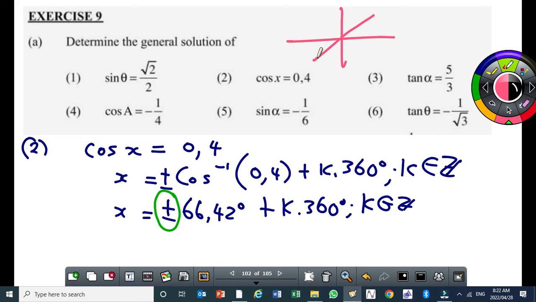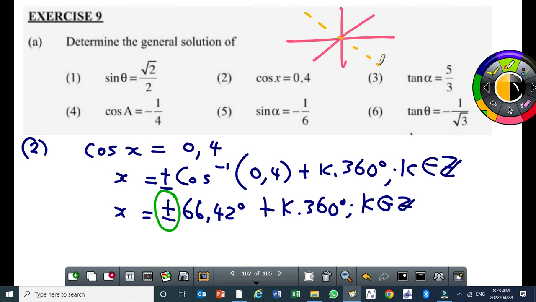Because tan is positive in the first and third quadrant, there's a reflection there, about the line y equal to x. Let's not worry about that. All you have to remember is that the tan graph has a period of 180 degrees. Therefore, we have one general solution for tan. For sine and cos, we have two each, because sine is positive in the first and second, and cos is positive in the first and fourth quadrant.